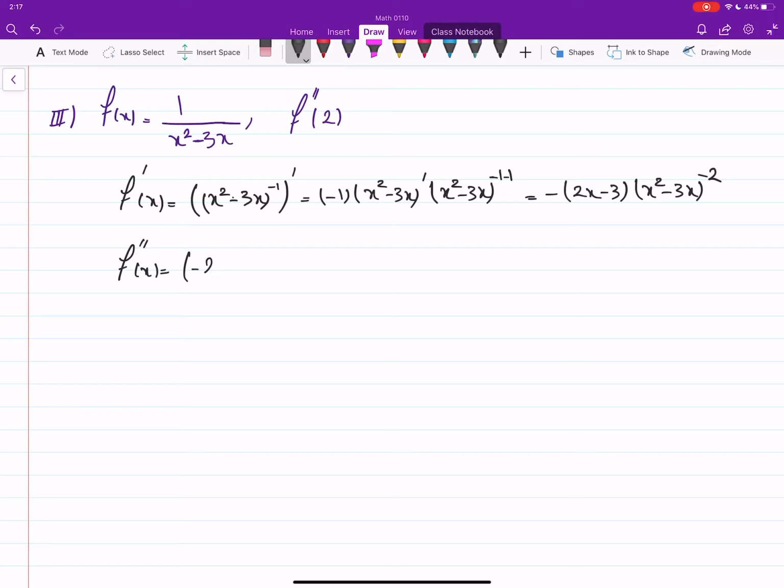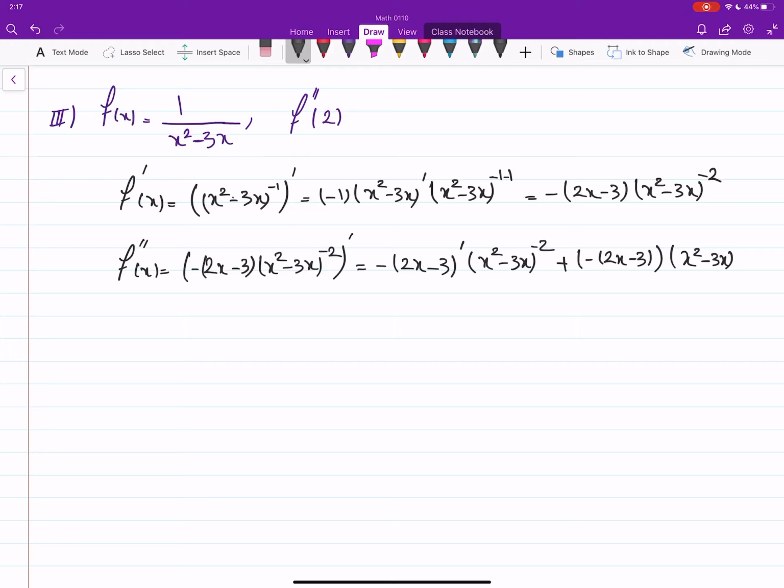the derivative of this guy here. This is product rule, so this will be the derivative of the first one times the second one plus the first one times the derivative of the second one.